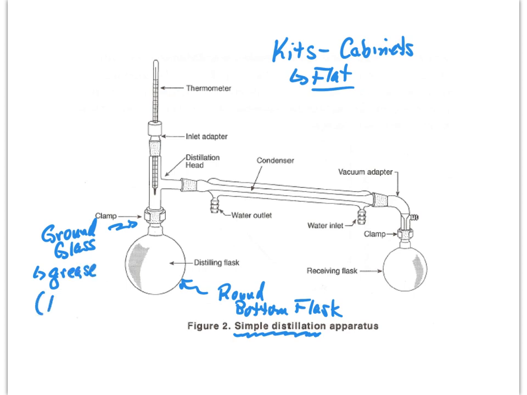What you do is you just put one thin line of grease on one side of the fitting, and then you insert that fitting into the other side and turn. That will smear the grease all the way around, and that's plenty of grease to seal. You don't want a lot of grease to contaminate your mixture.